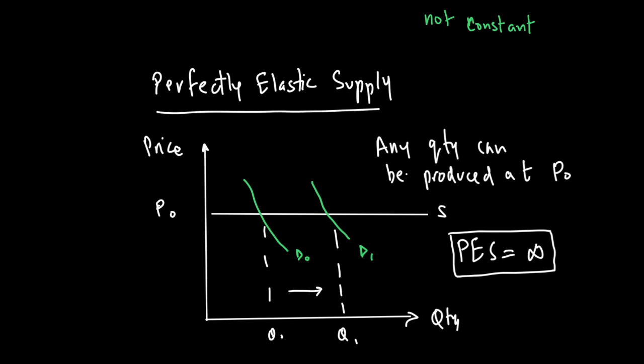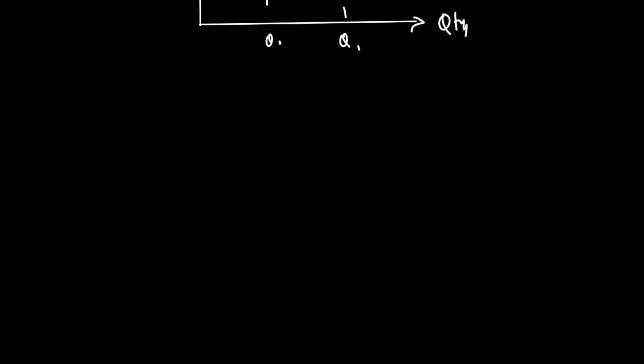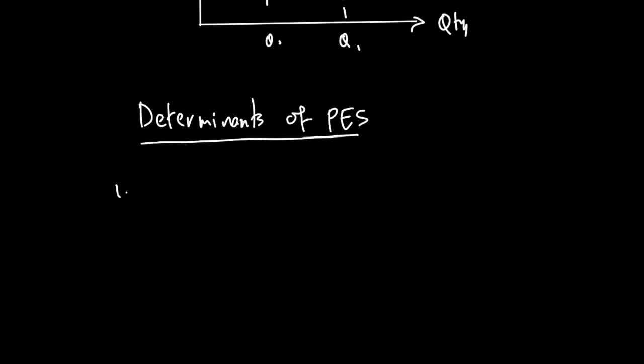The next thing we want to discuss when it comes to the supply curve is what are the factors that affect PES. So let's talk about factors or determinants of PES. The major determinant of PES, the crucial one that makes the producer more responsive to change in price, is what we call flexibility.